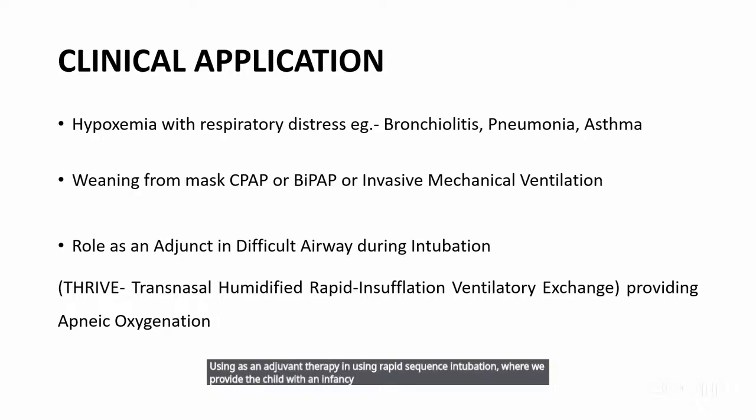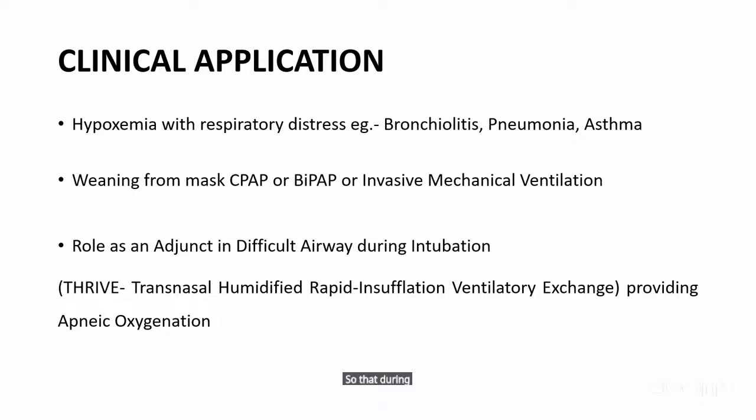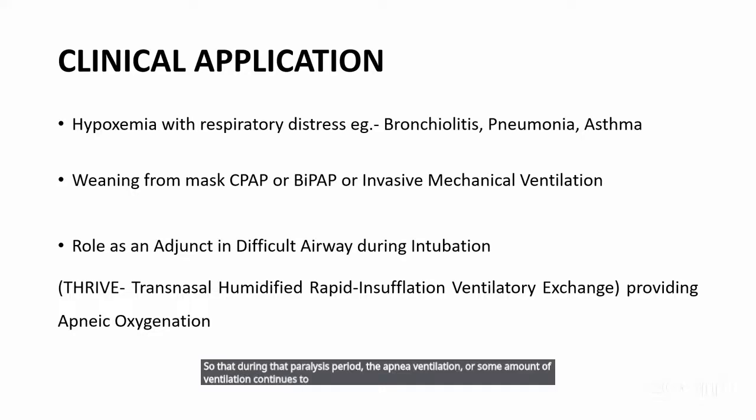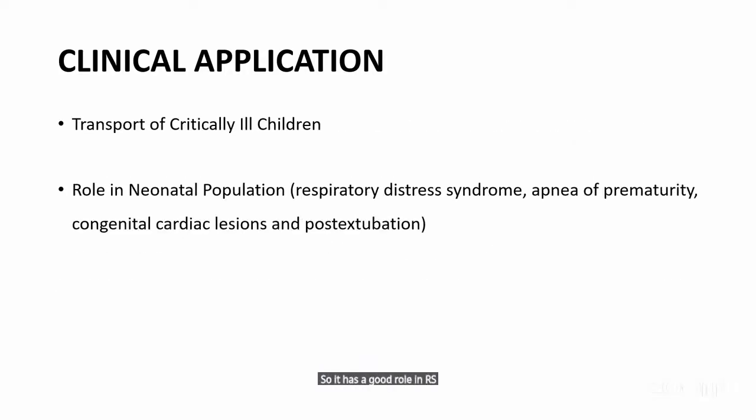We apply that HFNC cannula, and then we paralyze the child just before inserting an endotracheal tube in the trachea, so that during that paralysis period, apneic oxygenation or some amount of ventilation continues, and the child does not suffer hypoxemic damage during that period. So it has a good role in RSI, that is rapid sequence intubation.